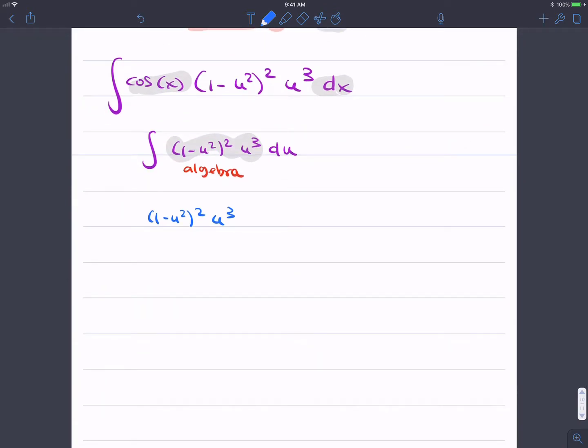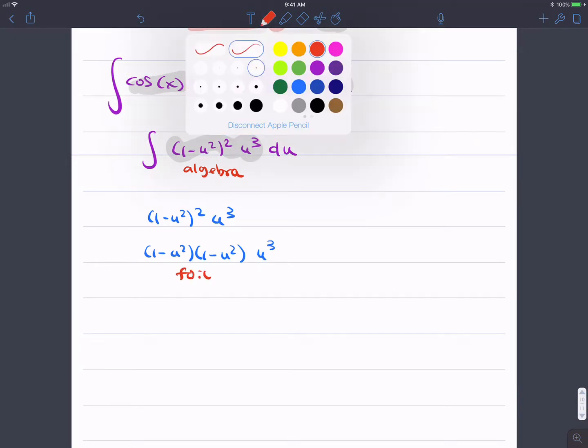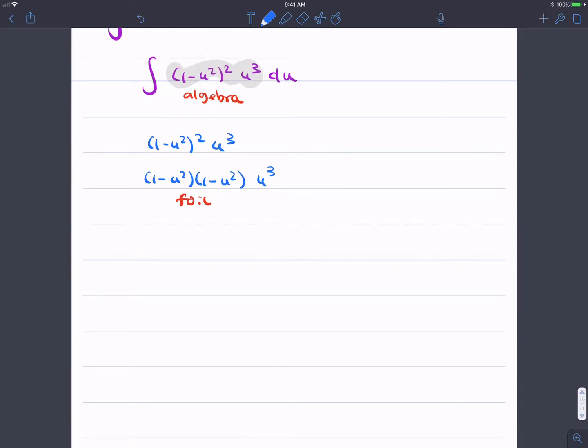Well, this becomes 1 minus u squared times 1 minus u squared, u to the third. Here, we use FOIL. We'll get 1 minus 2u squared plus u to the fourth, times u to the third, which gives you u to the third minus 2u to the fifth plus u to the seventh. This is what we have to integrate.